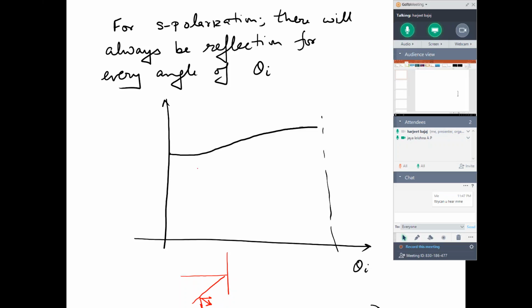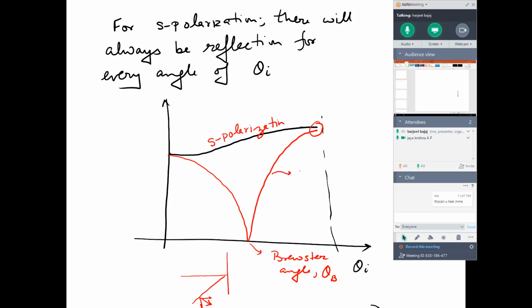And what we are going to see is that the reflection for that is actually going to decrease, and there is going to be an angle where the reflection is going to be 0, and then it is going to increase, and as the angle is increasing it is going to approach the same value here. This angle is called the Brewster angle, theta b. You're going to see that this is the reflection for S polarization which we calculated today.